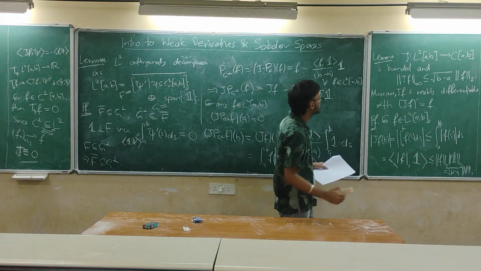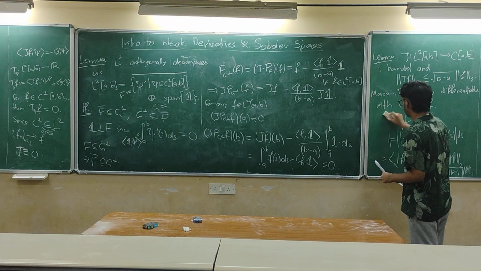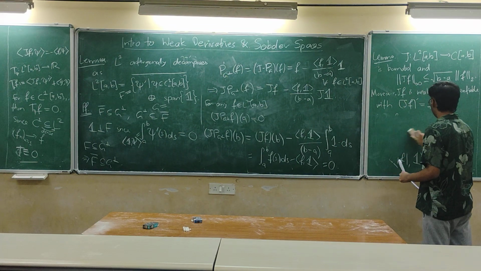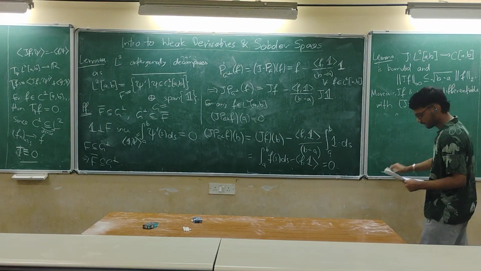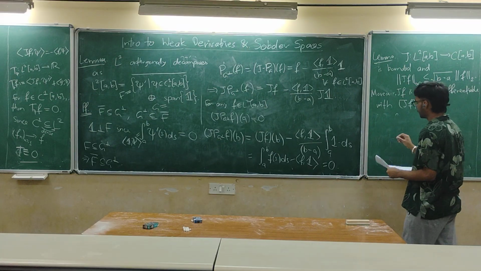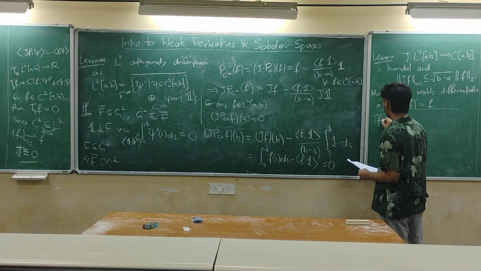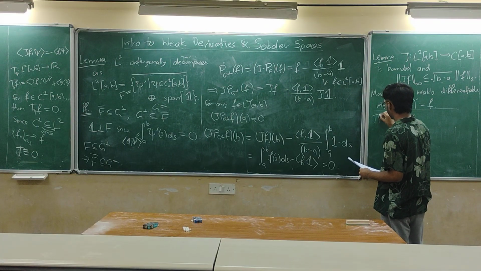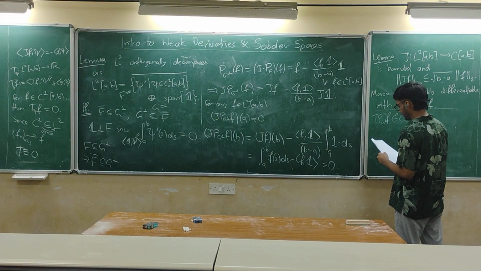So what that means is we have shown that J of the orthogonal projection of f is contained in C_0^1 of a.